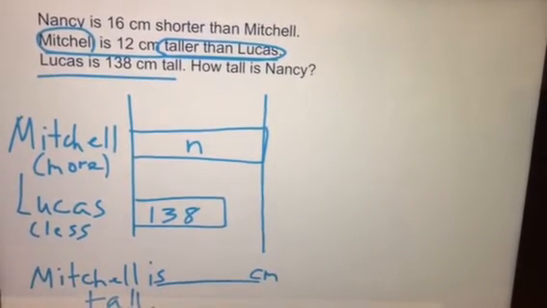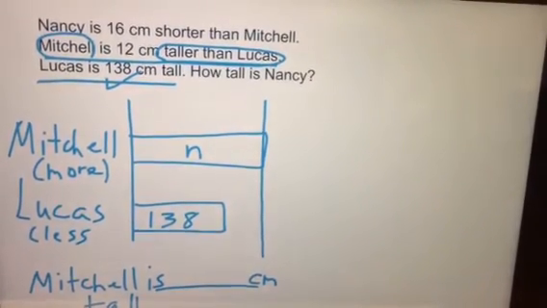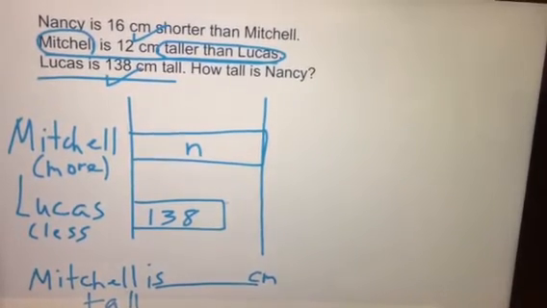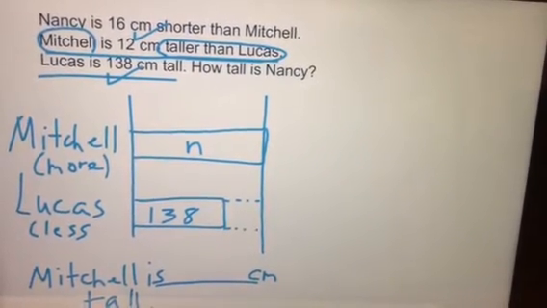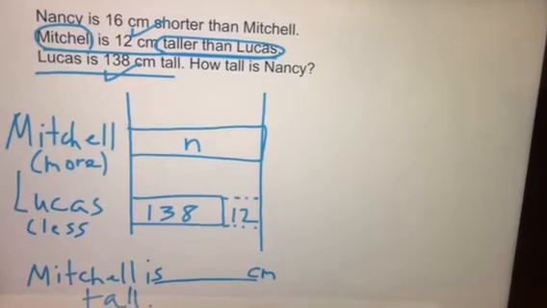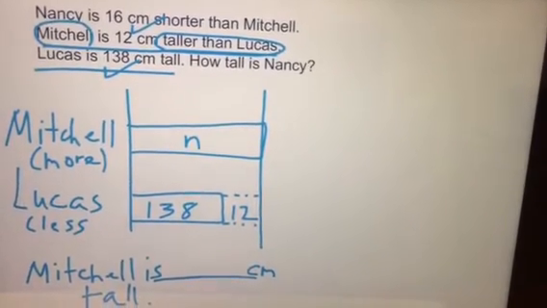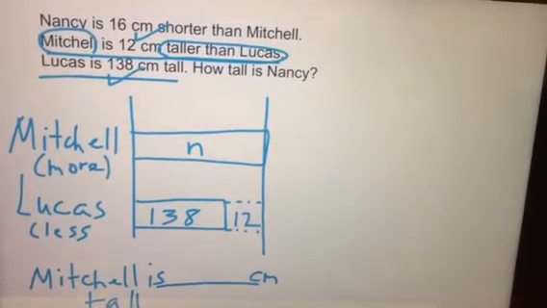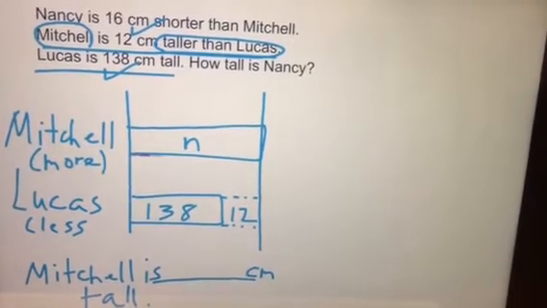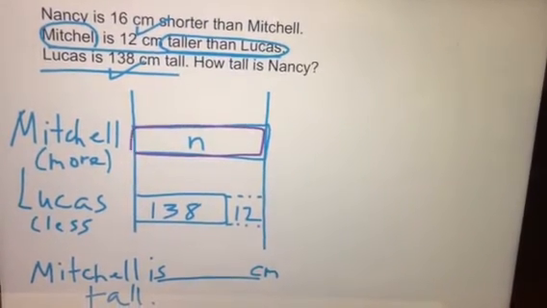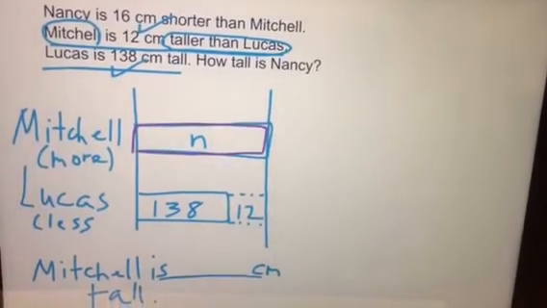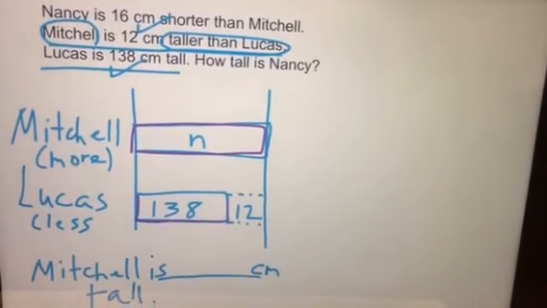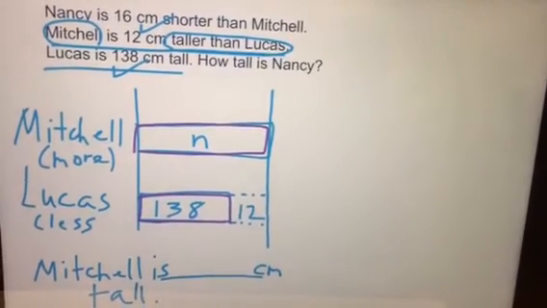Okay, so we wrote down Lucas. So where do we write down the 12 centimeters? Right over here, 12 centimeters. So how do we find out how tall Mitchell is? Well, look at the two bars. This is the longer bar for Mitchell, and here is the shorter bar for Lucas.